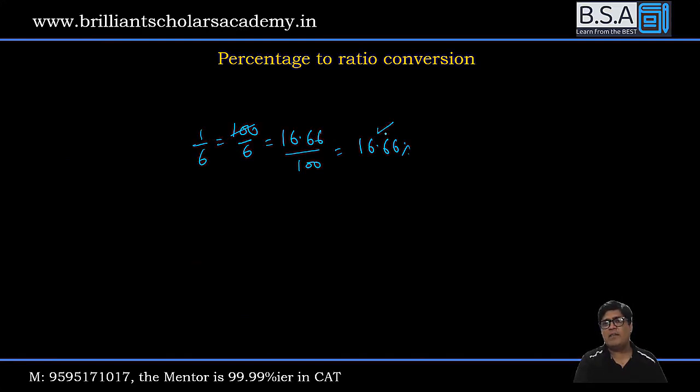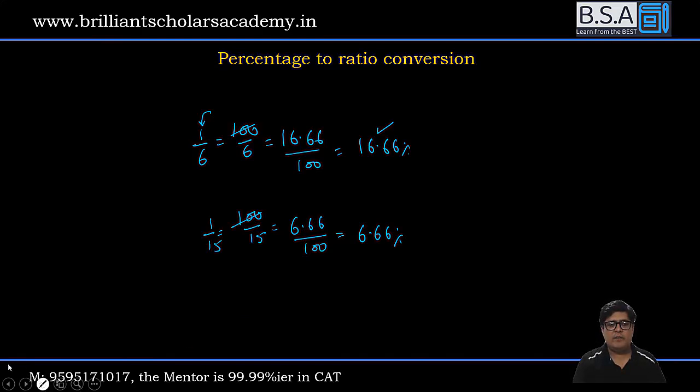Whenever you need 16.66 percent, you must be able to recall or apply 1 by 6. Let us take a different number, 100 by 15 is 6.66. If I cancel 100, it will be the denominator. So the right hand side is 6.66 percent, and the left hand side is 1 by 15. So wherever you need 6.66 percent, you should be able to recall 1 by 15.